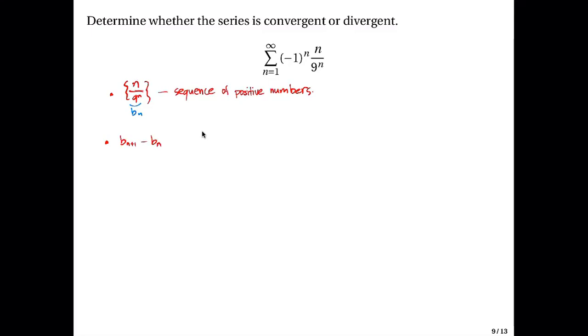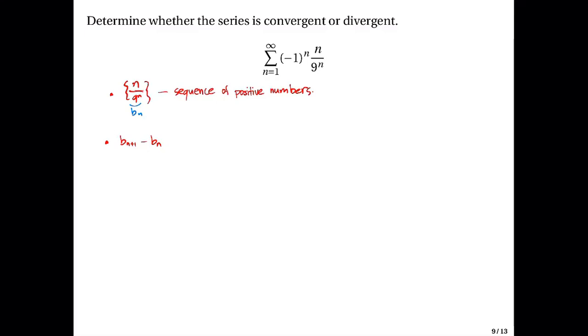We want to show that this is negative. We want to show that this is less than or equal to 0. Kasi, kung less than or equal to 0, it means, lipat mo si bn sa kabilang side, you have b sub n plus 1 less than or equal to bn. So, yun yung decreasing part or ultimately decreasing part.